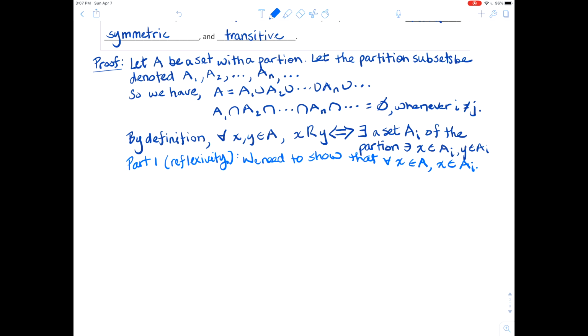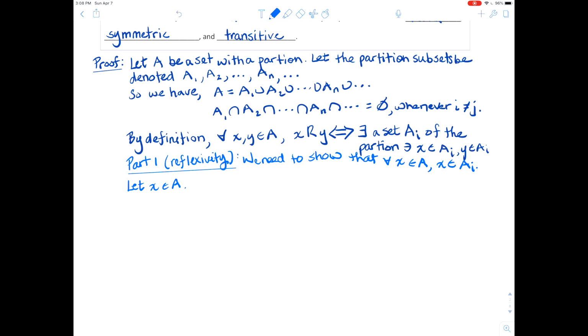Cool so far? So here we go. Let's do it. Well, start out by saying let x belong to A. So x belonging to A basically means that there has to be some partition set of A where x belongs to that set.